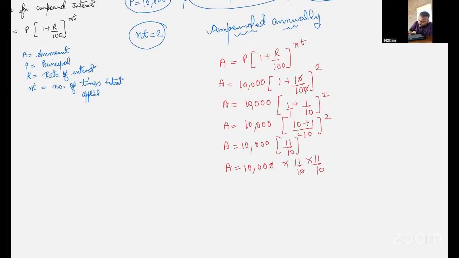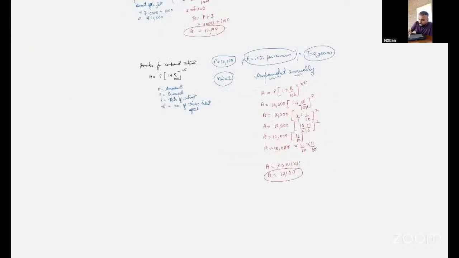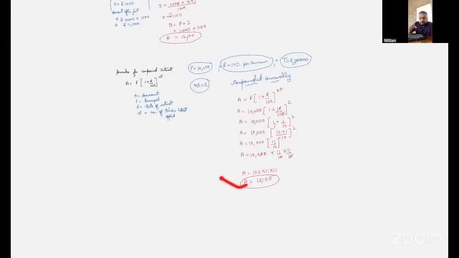This 0 and this 0 will cut, this 0 and this 0 will cut. So amount will be 100 into 11 into 11. So 11 11s are 121, and 20 will come. So with this formula also I got the same answer as the previous one.